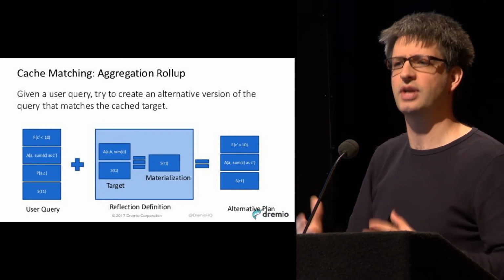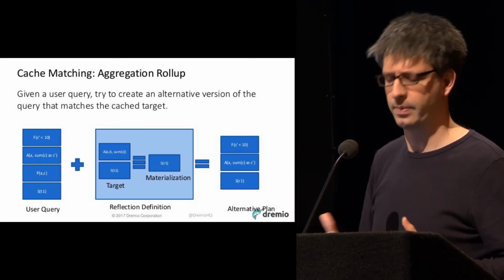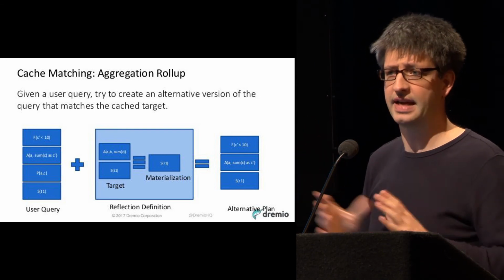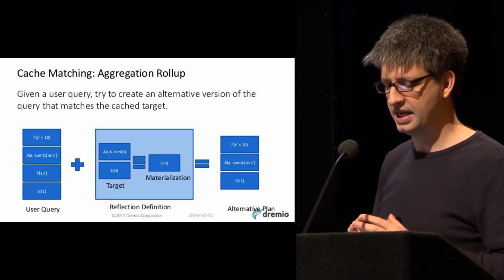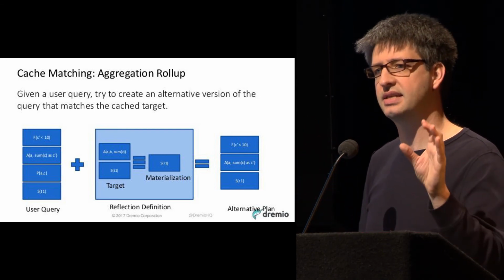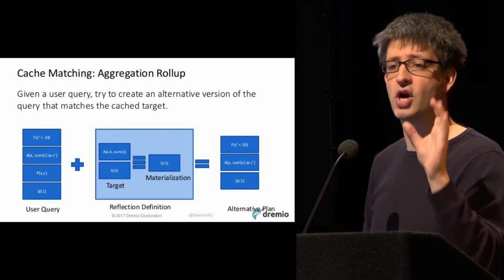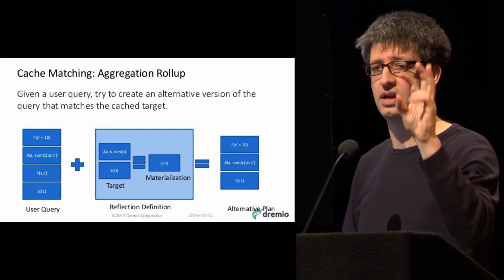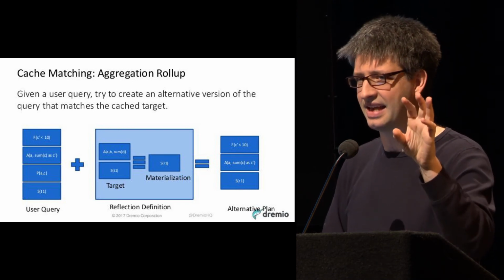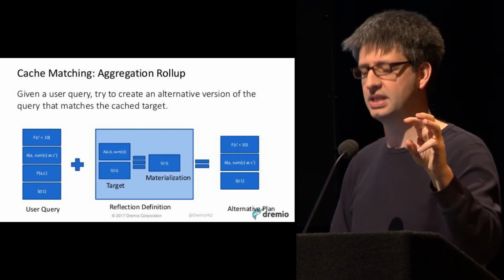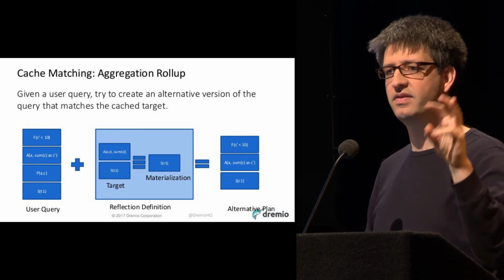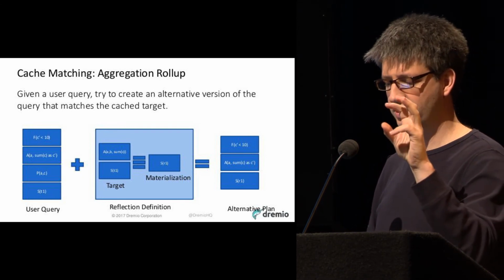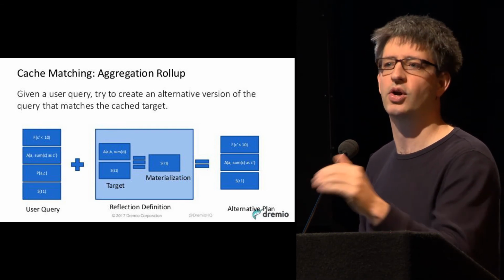And this is what the user comes in and says, I'm going to interact with the raw data, I'm going to do these operations. Well, we define a reflection in the middle of this, which says, I'm going to say that x is equal to y here, and that target is equal to materialization. So if a user has this part of the query in their query, it may not be that the query is exactly that, but part of their query can be turned into this, then instead of using that target, I can actually use a materialization that I created, which is that work already done.